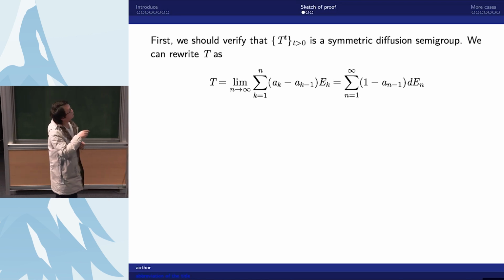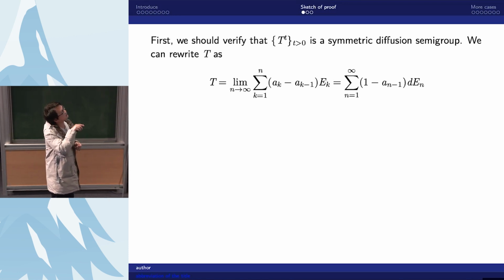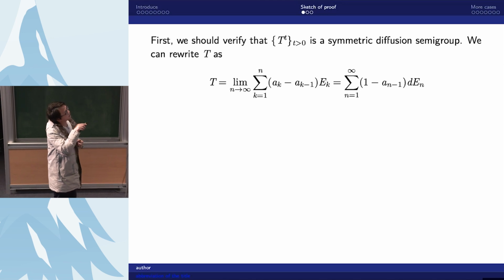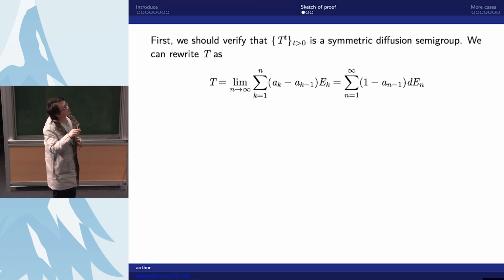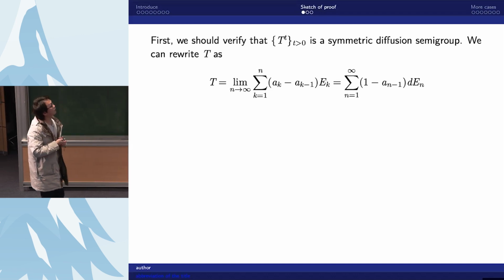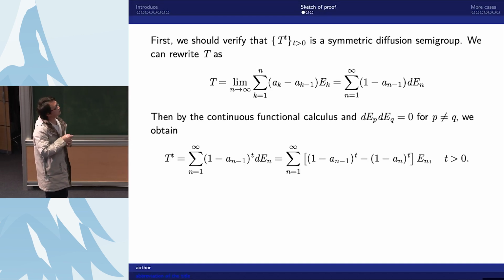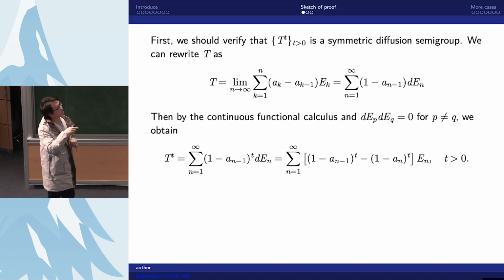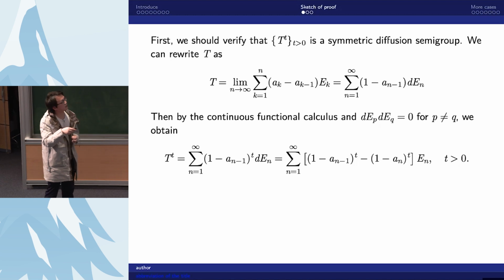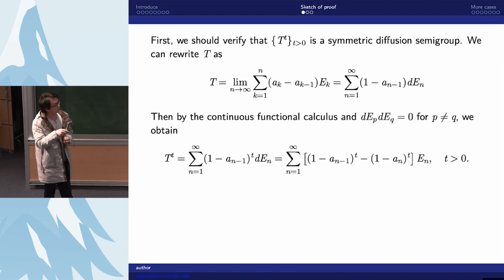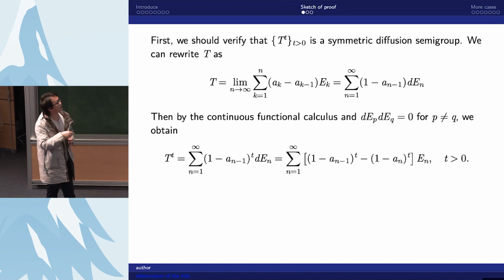We rewrite T as the sum of (1 minus a_{n-1}) times the martingale difference d_n. Then by continuous functional calculus and the fact that d_p times d_q is 0 for p not equal to q, we obtain that T^t is of this form.